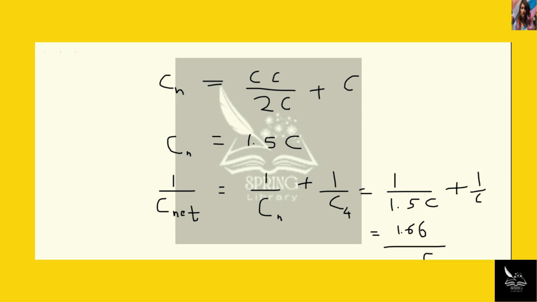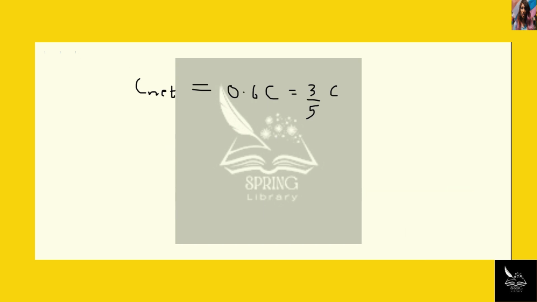Since all of them have the same capacitances, I have substituted C4 by C and Cn by 1.5 C. If you solve this by taking 1 over C common, you get 1.66 divided by C. So the net capacitance is 0.6 C, which is also 3 by 5 C.